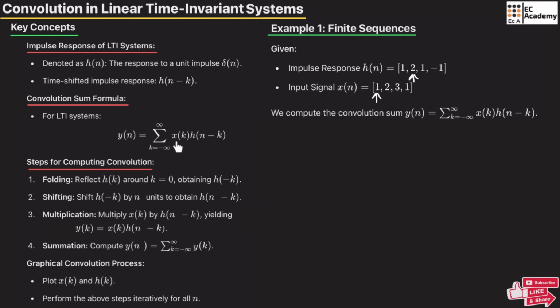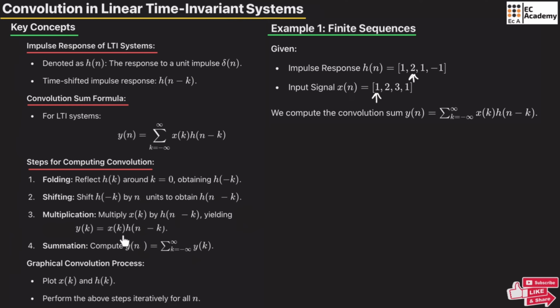We can write x of n as x of k, and we can multiply x of k and h of n minus k. For this, if we perform the summation, finally we will get the output y of n, which will be the summation of x of k into h of n minus k.